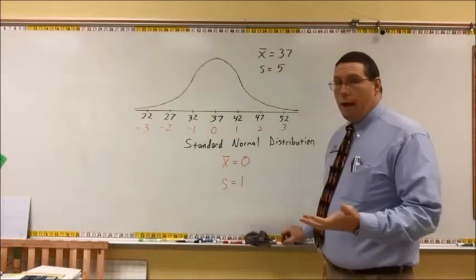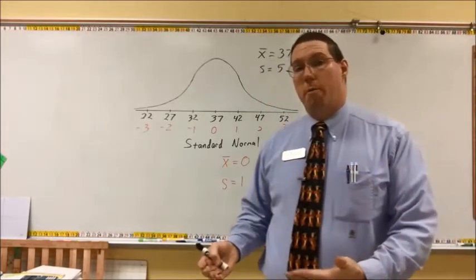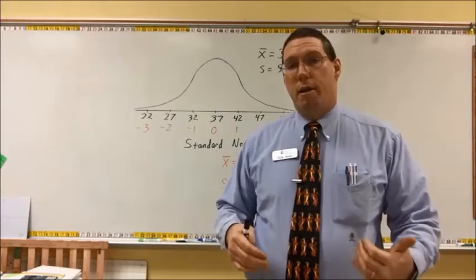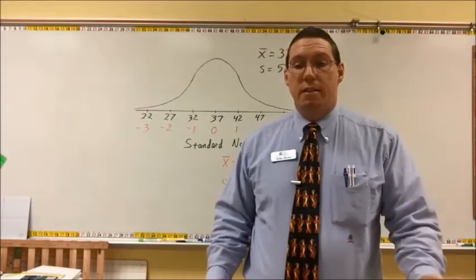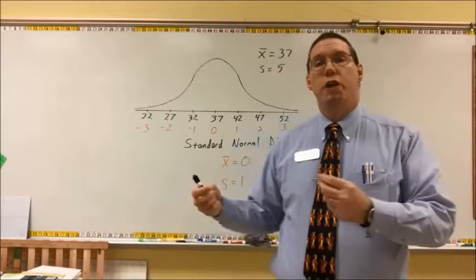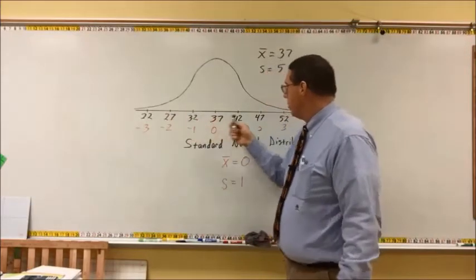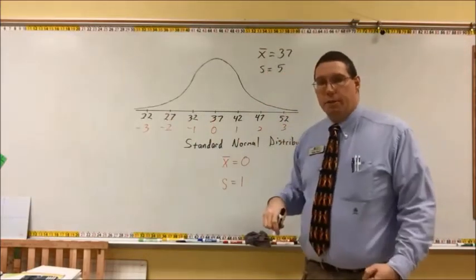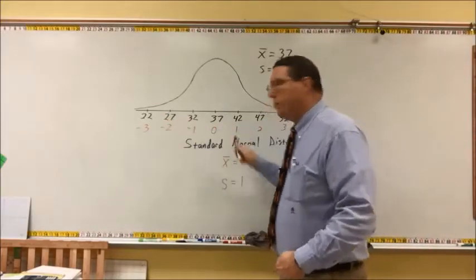And what we need now is a formula, a conversion, almost like converting dollars into euros or feet into meters. We're going to convert this particular population with its mean and standard deviation into the standard normal distribution.